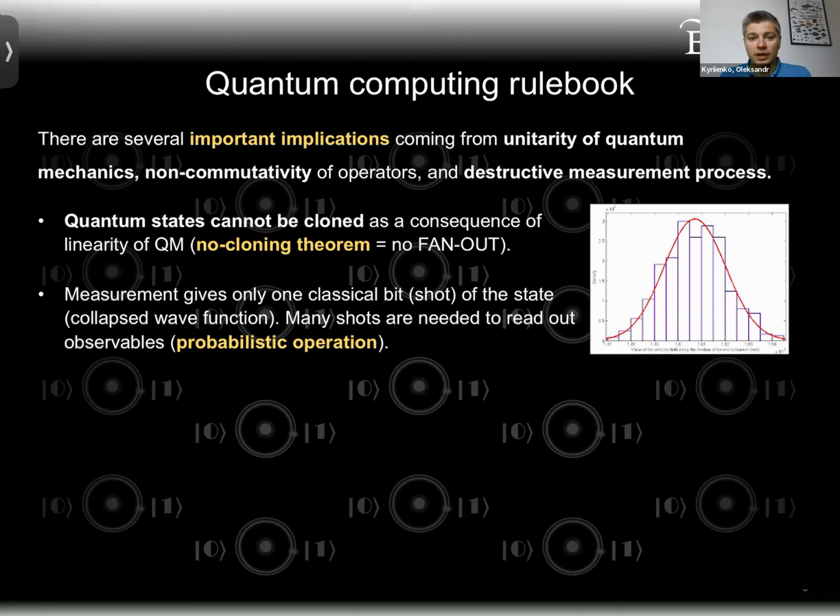And I already said that we have probabilistic operation. In this case, you have built the psi wave function as a probability distribution. And when you do the measurement, you just collect one shot. So you get, let's say, the magnetization of the system will be all spins up.